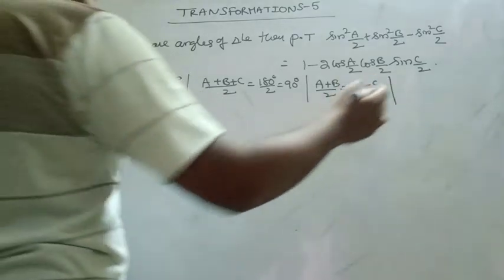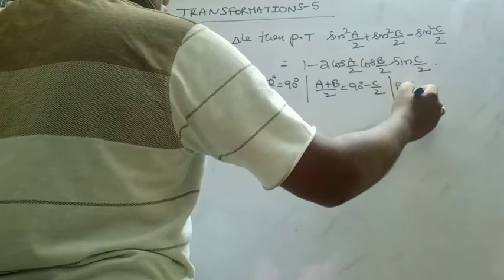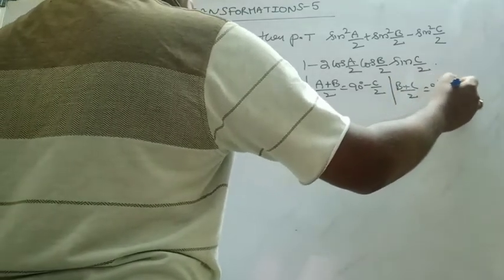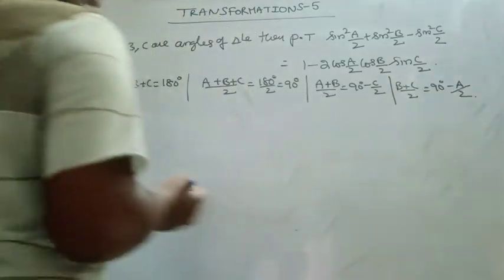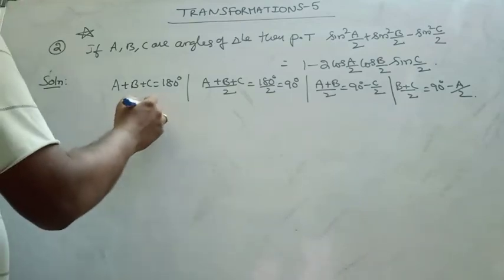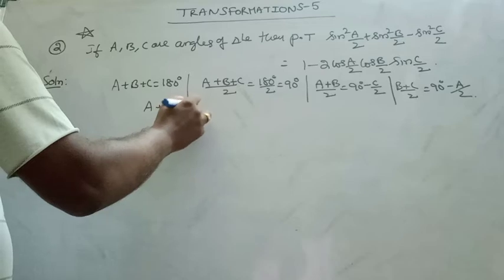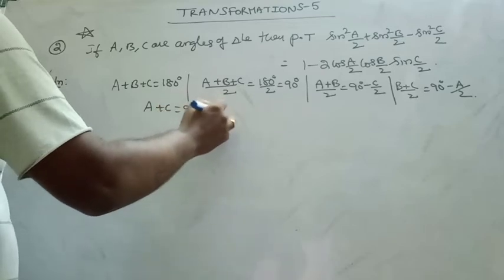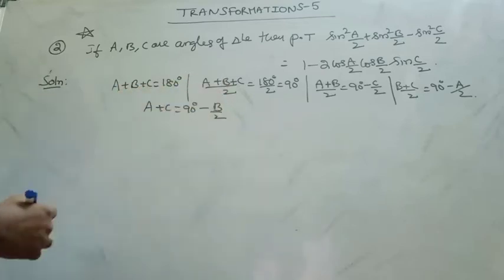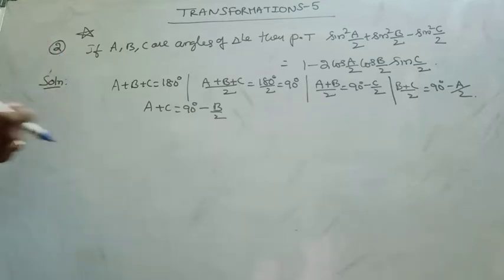And (B + C)/2 = 90 degrees − A/2. In the same way, (A + C)/2 = 90 degrees − B/2. These are the things we need to make use of.